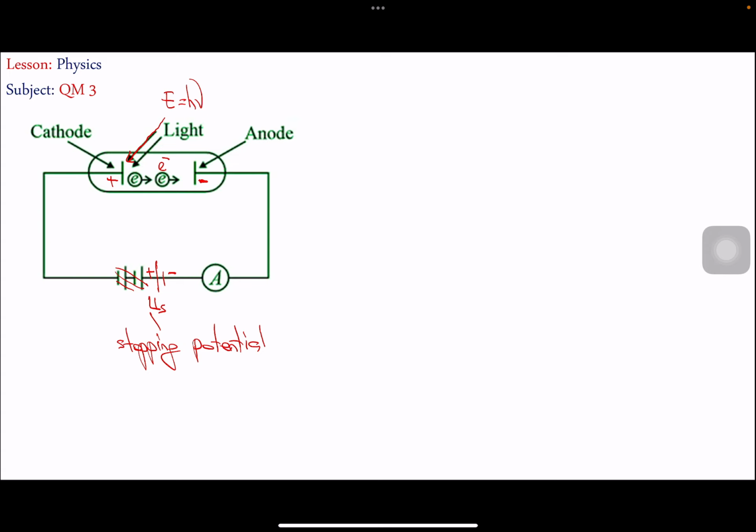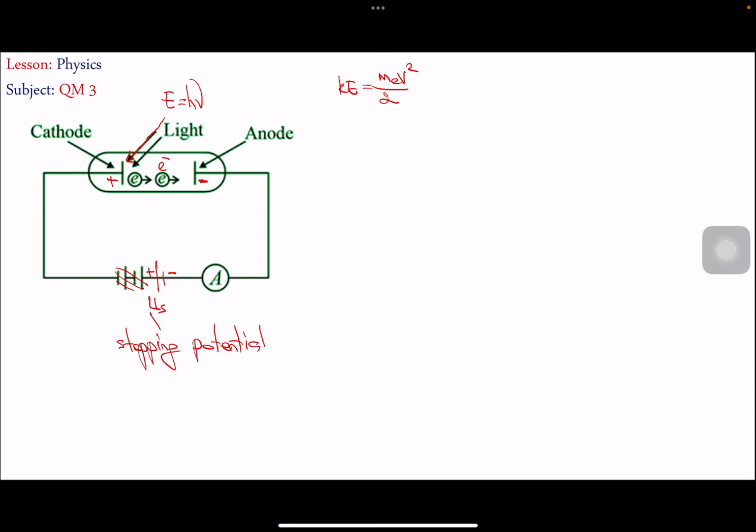What will be the value of this stopping potential? The stopping potential at least will be equal to, is used to stop, the kinetic energy of the photoelectrons. The kinetic energy of photoelectrons will be m e v squared over 2, and my stopping potential at least should be equal to the value of kinetic energy.